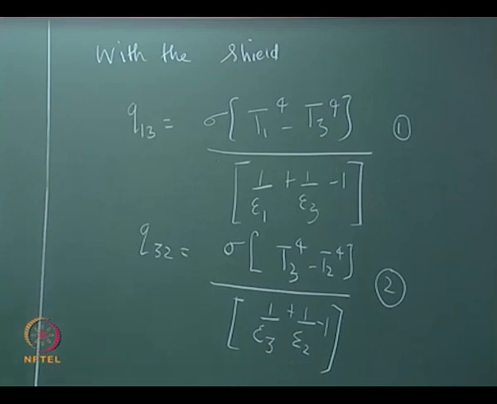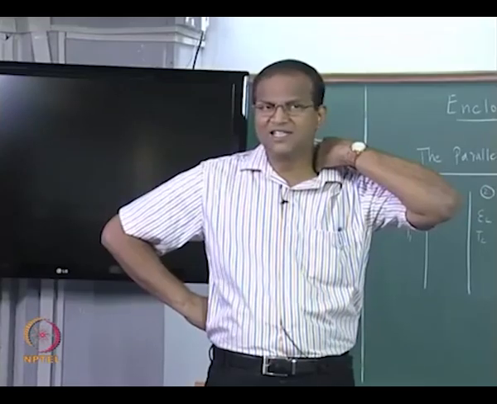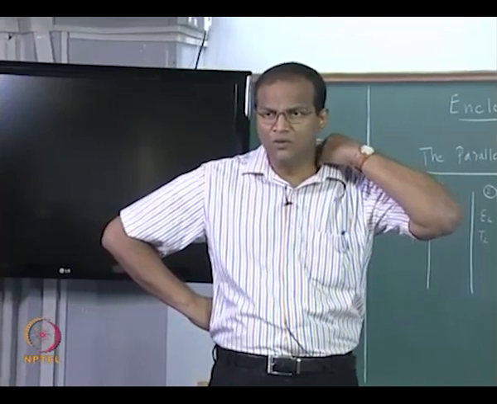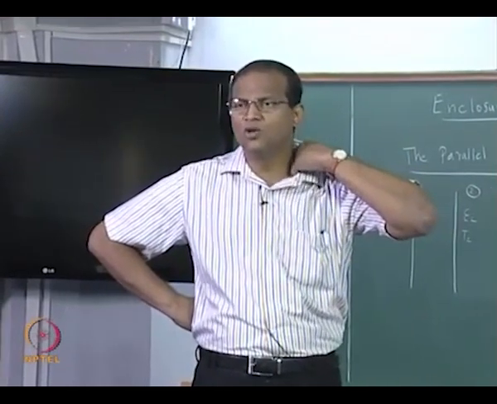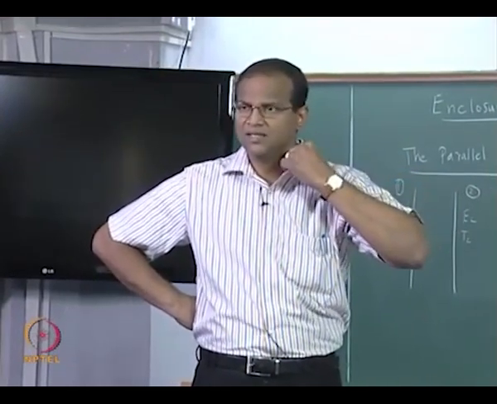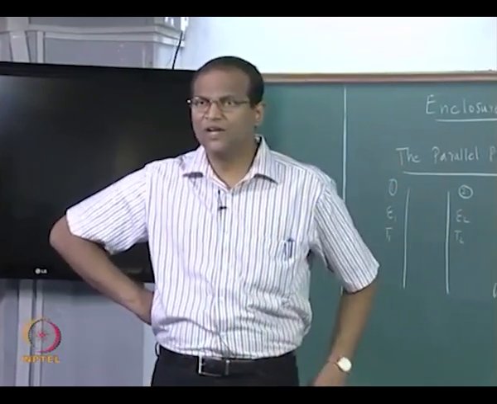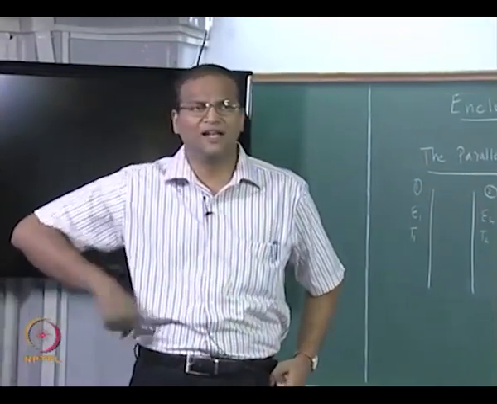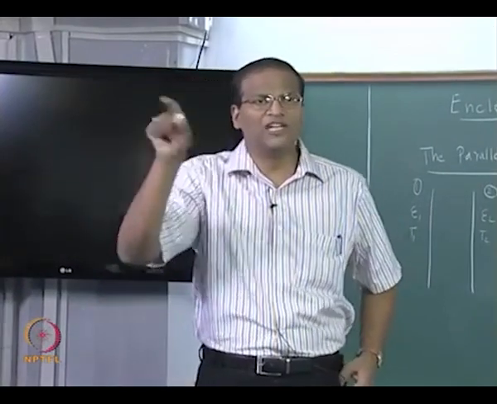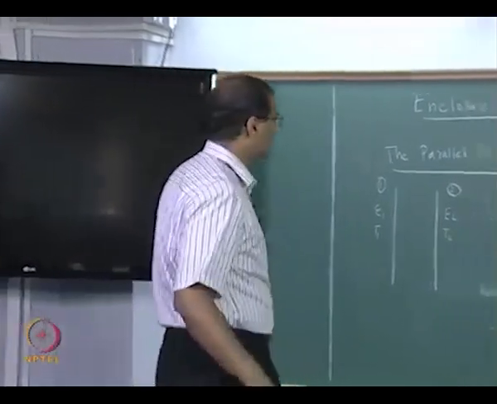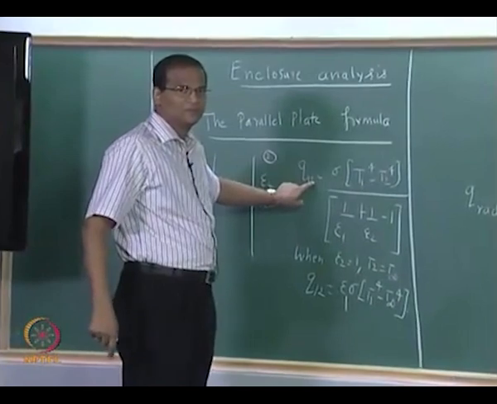Okay, what can you say about Q13 and Q32? Under steady state, Q13 must be equal to Q32. It is also equal to Q12 with shield. Is it correct? It's eventually the heat which is going from the left to the right. So we can qualify it as saying that it's Q12 with shield. Q12 without shield is this. Correct?